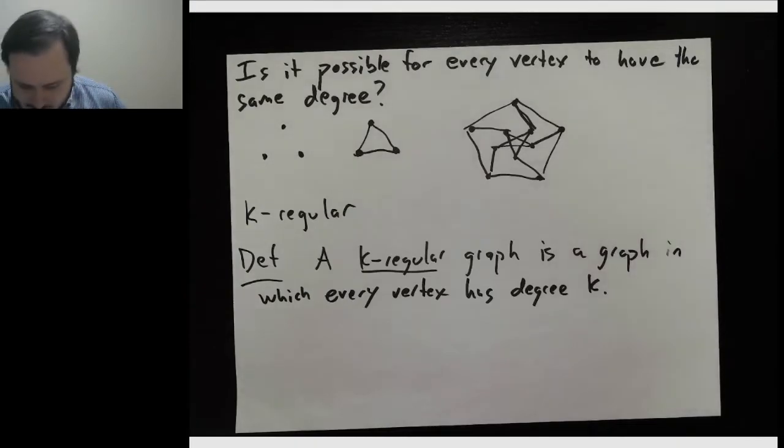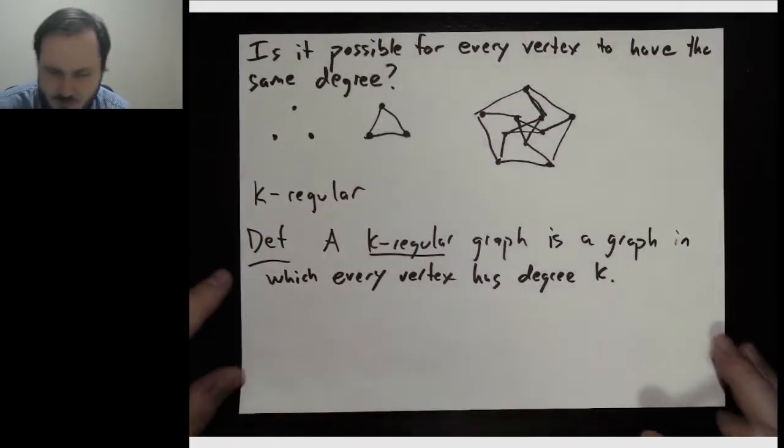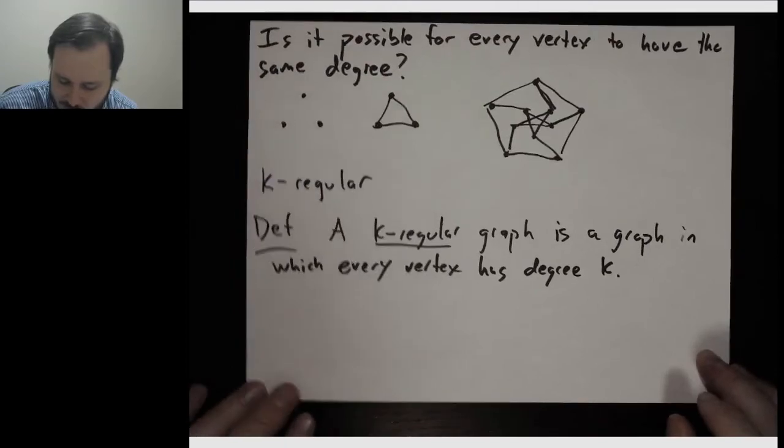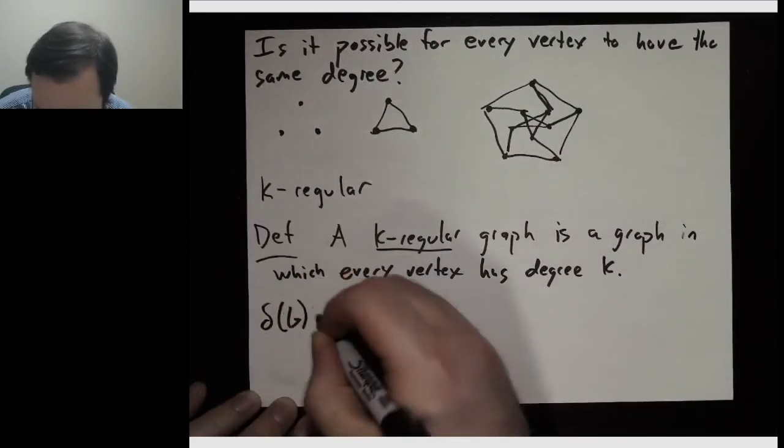A couple more things to talk about in this part. So if we look at a graph, we can ask, what is the smallest degree out of any vertex in this graph? That's called the minimum degree, and we denote it with a lowercase delta.